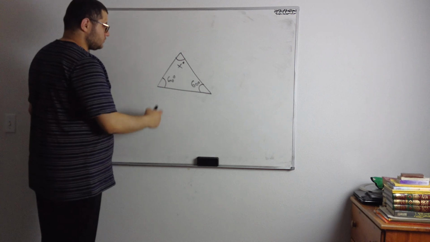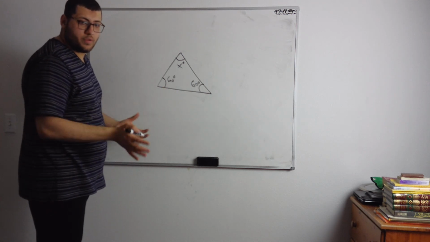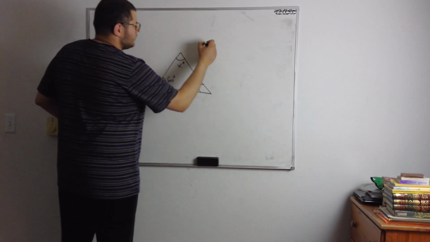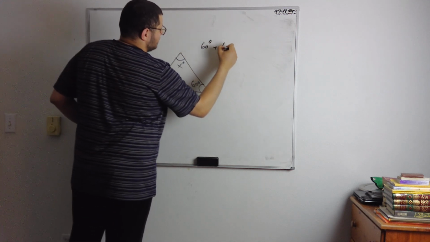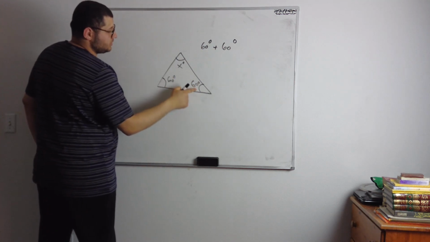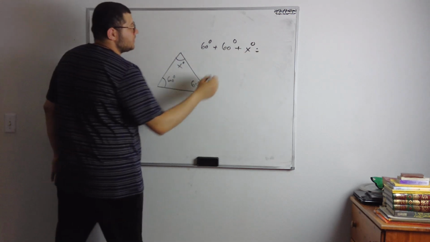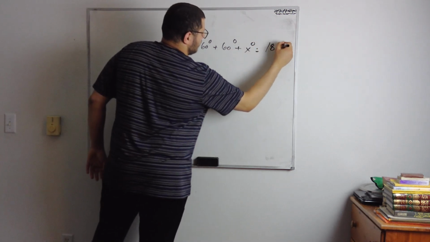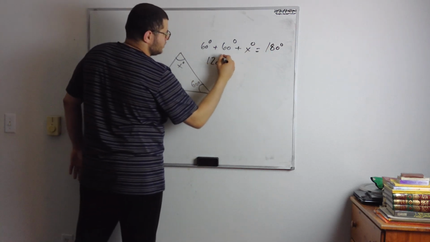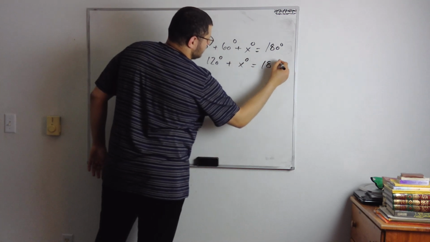Well, what's the rule? The rule is that all 3 angles of a triangle must add up to what? To 180. So 60 degrees plus 60 degrees plus x. So all the 3 angles must add up to 180 degrees. 60 plus 60 is 120 degrees plus x degrees equals 180 degrees.